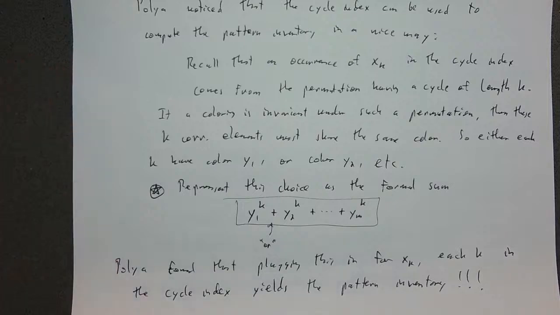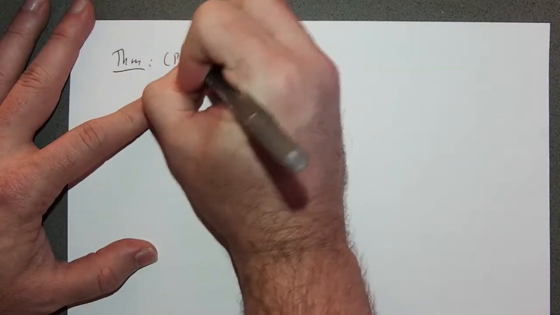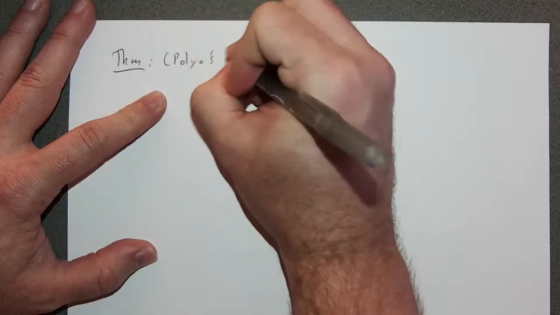So this is an extremely nice way of doing this counting that prevents you from dealing with the nastier considerations you would have to take into account if you didn't have something like this. Okay, so we can actually use the cycle index to do this for us. The result of this is called Polya's enumeration formula. So theorem. Polya's enumeration formula.